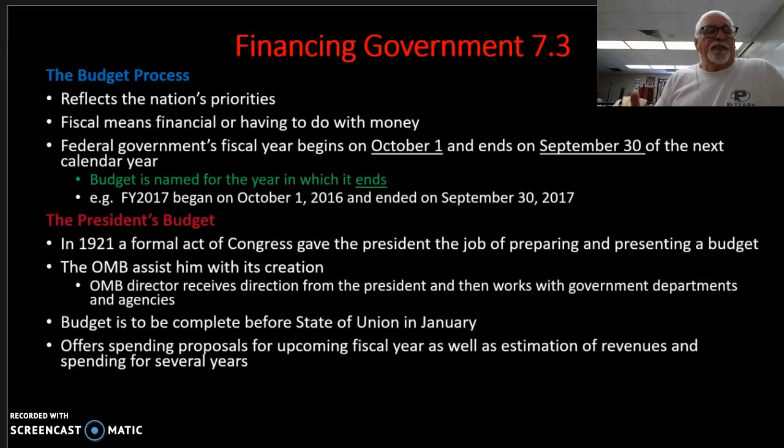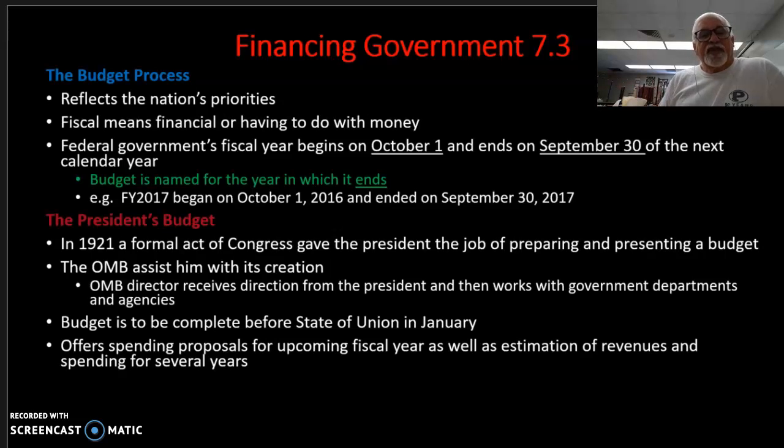The President's budget is a process that you want to be familiar with. In 1921, a formal act of Congress gave the President the job of preparing and presenting a budget, which he presents to Congress. The OMB, the Office of Management and Budget, assists him with its creation. The OMB gets input from all those working in the executive department, the various heads of the departments, as well as the independent agencies.